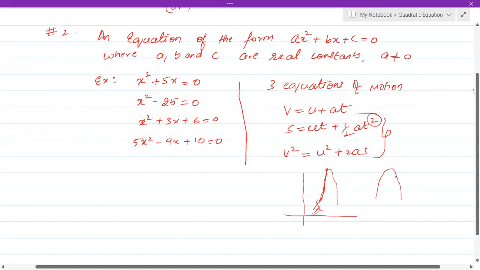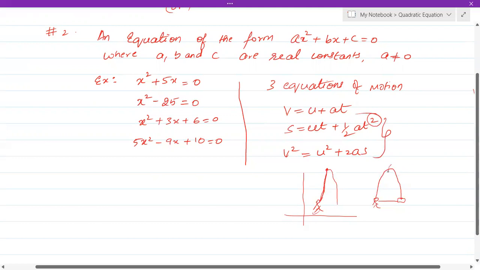This is known as a parabola. The figure that I've drawn is known as a parabola. If this is the point that I've thrown from, the stone will reach somewhere here. Now, what will be the distance between the stone and the person? That can be calculated using a quadratic equation.